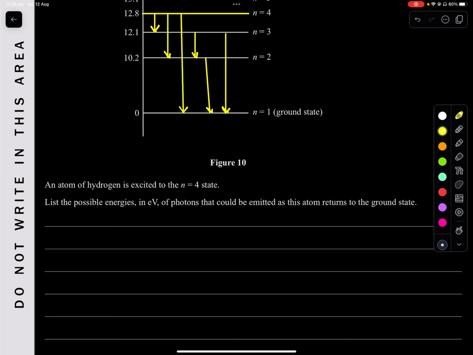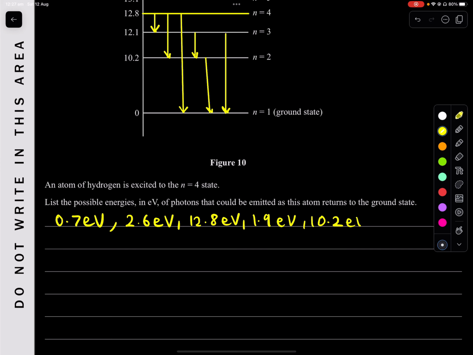So the first one is 0.7 electronvolts. And 12.8 minus 10.2 is 2.6 electronvolts. 12.8 electronvolts. 12.1 minus 10.2 is 1.9, so 1.9 electronvolts.